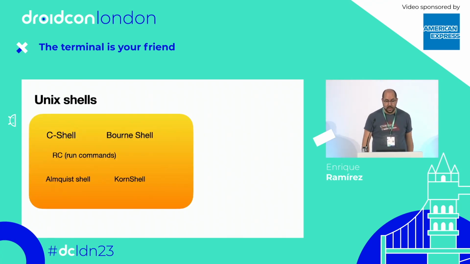Going to the Unix shell, historically there have been different versions of the Unix shell. Those were on the first versions of Unix, the first version of Linux, some of them developed by Bell Labs.